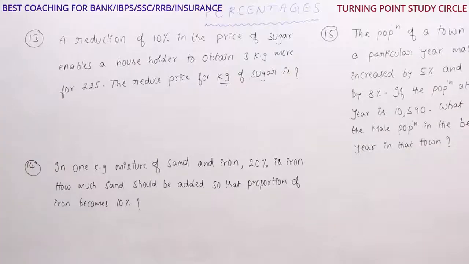A reduction of 10% in the price of sugar enables a householder to obtain 3 kgs more for 225 rupees. The reduced price per kg of sugar is? It can be done in so many methods, but it takes a lot of time.